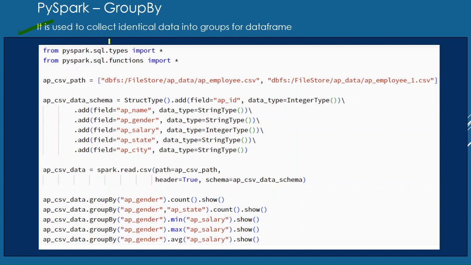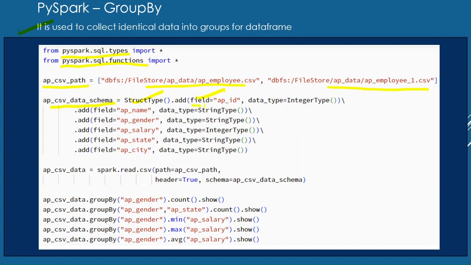In this exercise, first we are importing all the required libraries. Here we are creating a list variable. This list variable stores the path of the CSV file which we are going to read. Here we are creating a custom schema with the help of a struct type and a struct field.